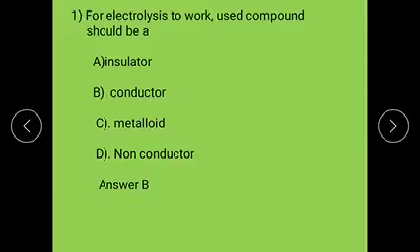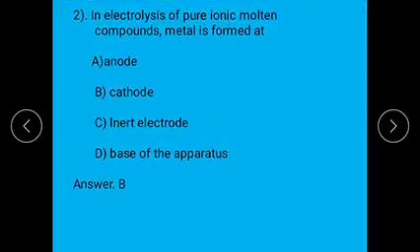When it is in a conducting capacity, it will split into ions. Now let us see the second question. In the electrolysis of pure ionic molten compounds, metal is formed at the anode, cathode, inert electrode, or base of the apparatus.